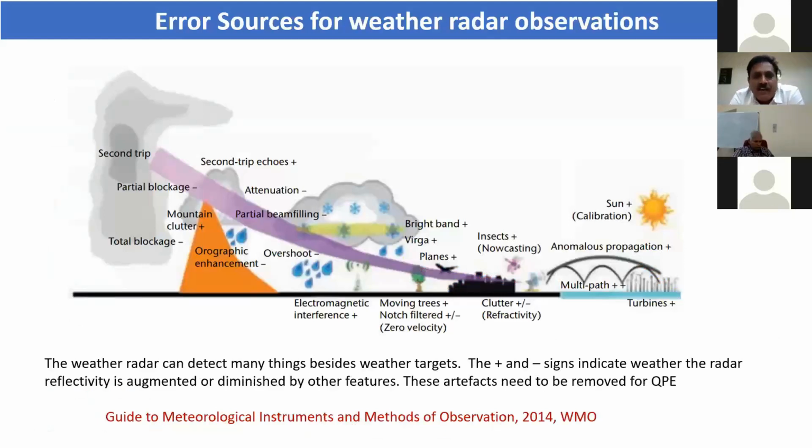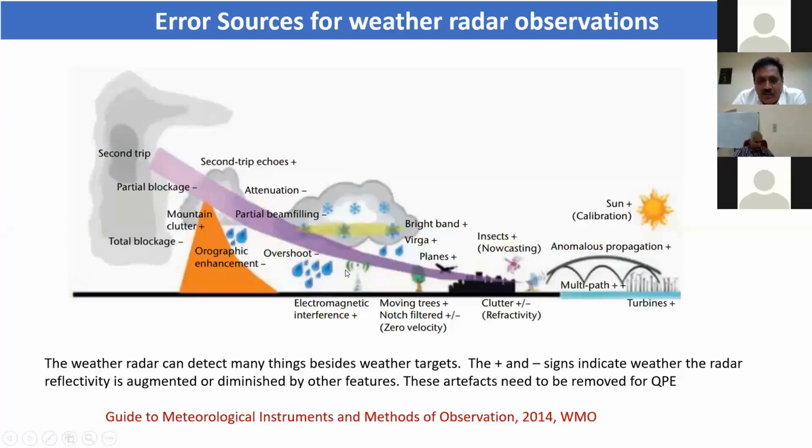Okay, so there are several error sources for weather radar observations. This is actually a WMO slide. You can see you have so many things. I have already described a few. You should know these things when you are using weather radar. Particularly if you have blockages, you don't get any information beyond that blockage.